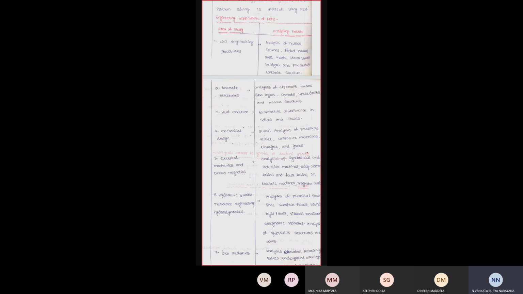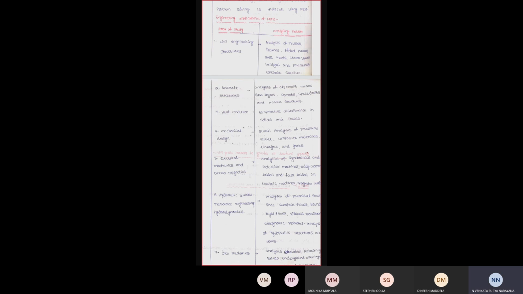A frame is a straight bar. In this, the deformation will not be only in the axial direction. It can be obtained in the direction perpendicular to the axis of the beam. It will be called a frame. These are the definitions for truss and frame.